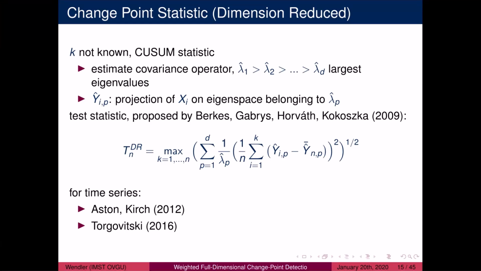The next thing is we combine the different dimensions. And here we divide by our eigenvalues. This is how people do it in functional principal component analysis. And then sum it up. And then, because we don't know the time point, we take the maximum over all possible time points.